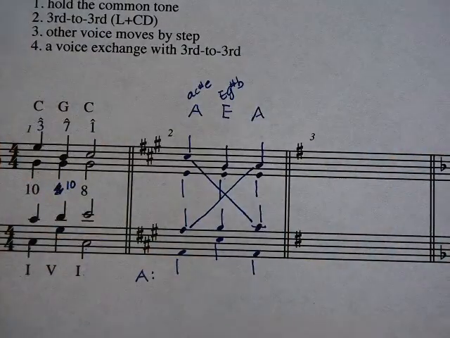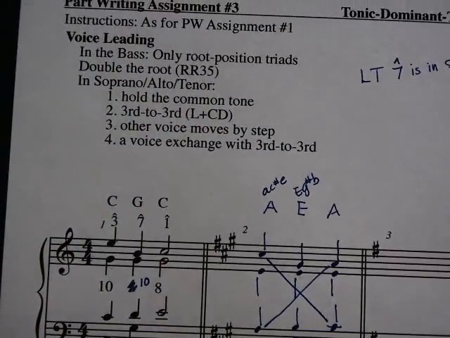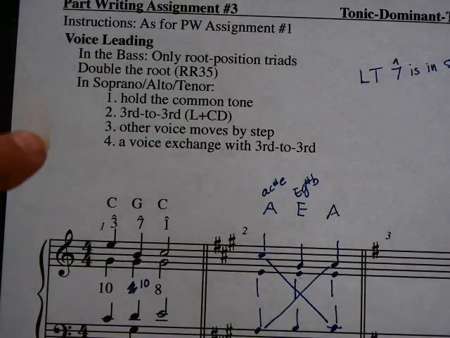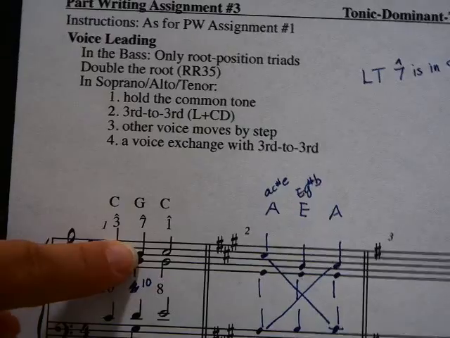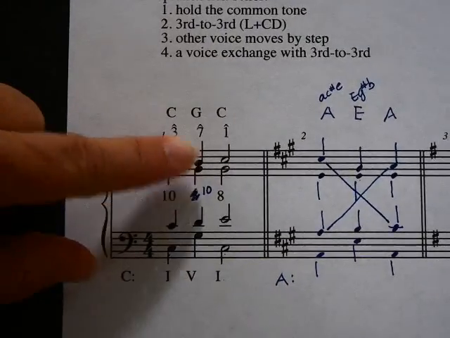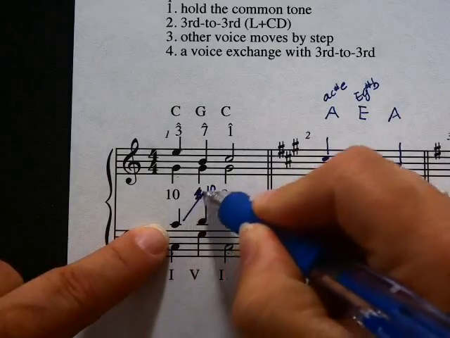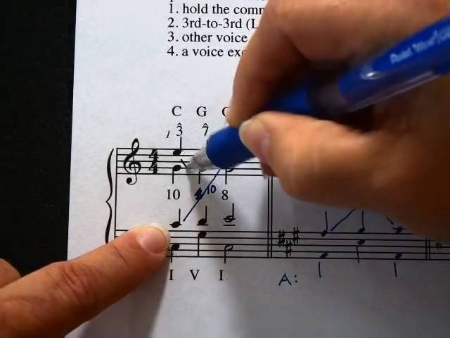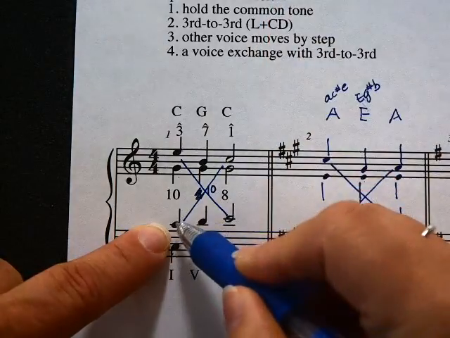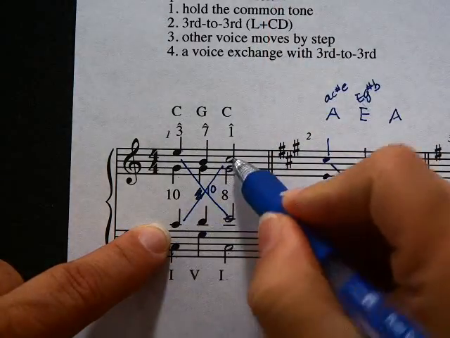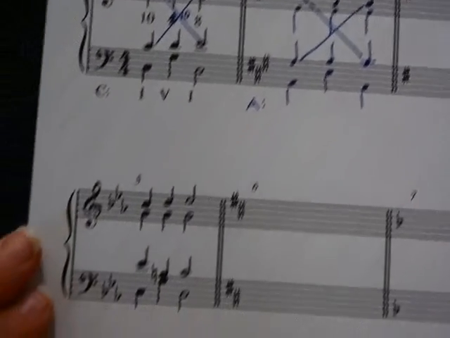So when you have voice leading such that the third of a chord leaps to the third of the next chord, quite often you will end up with a voice exchange. It also happened in measure 1. The E in the soprano transferred to the tenor, C transferred back to the soprano. That will be the case in second system.